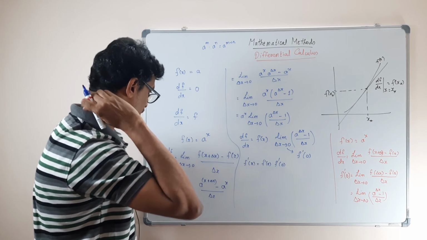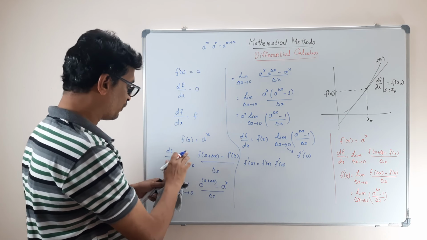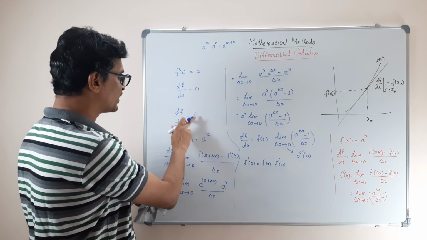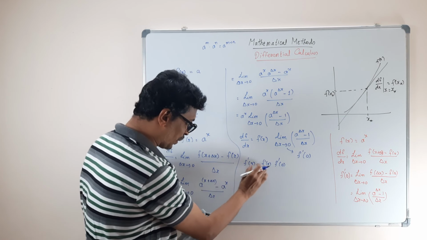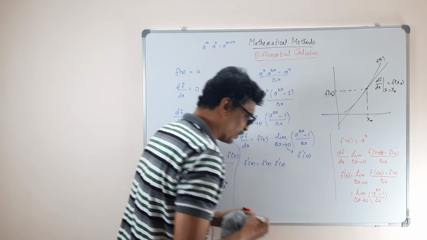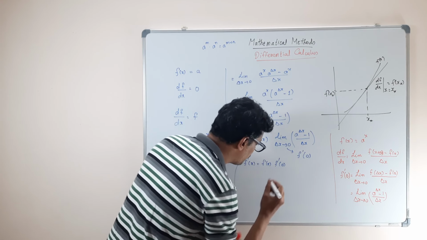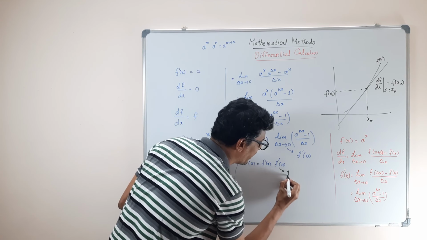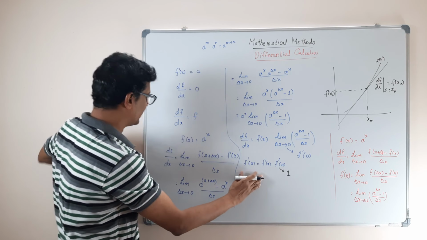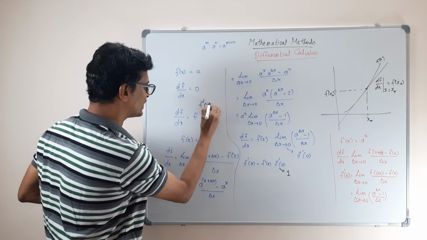So what is the question we are asking? What will be the function for which df by dx equals f? We almost got it, correct? The only thing is, if somehow this becomes 1, then we get the condition. That's what you have to do, correct? This is f prime of x equal to f.